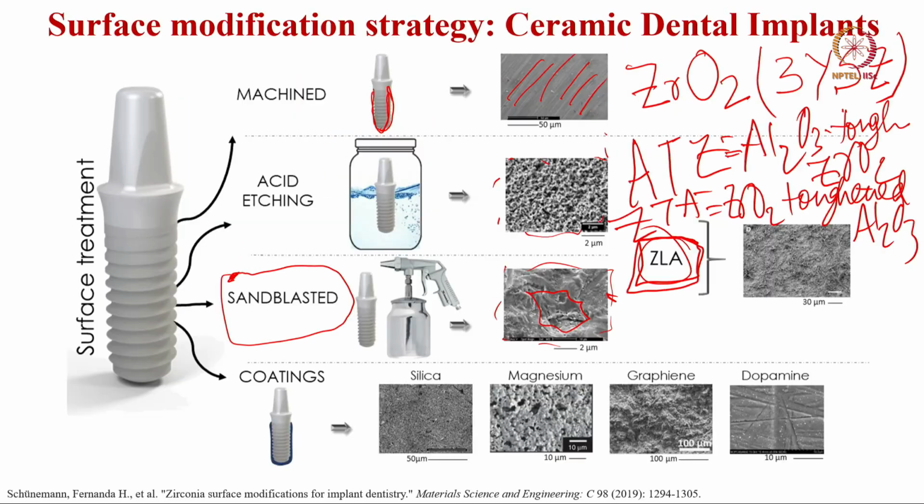So, you can bombard the zirconia implant surfaces with zirconia particles, and subsequently you can do acid etching. Then for coatings, one can use silica coatings, magnesium coatings, or graphene and dopamine coatings. These are different coatings which you can put on the dental implants.